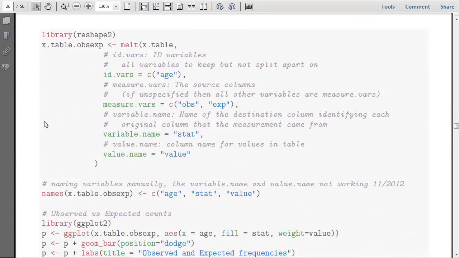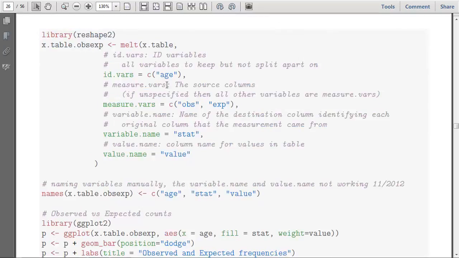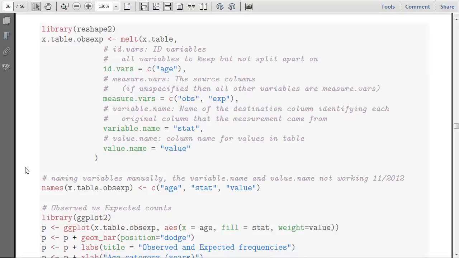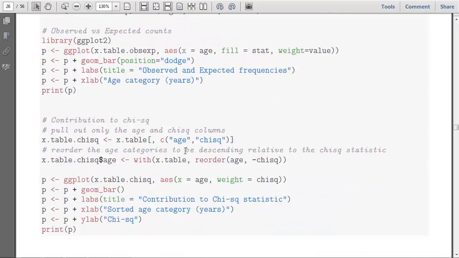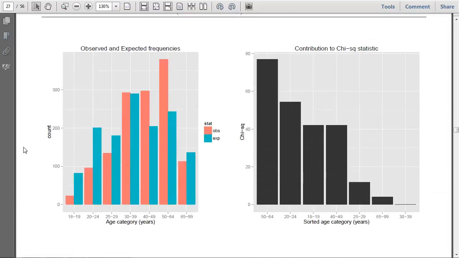And then we also reordered, based on the chi-square statistic, the ages to produce these two plots. So then we had something to present to other people and interpret.